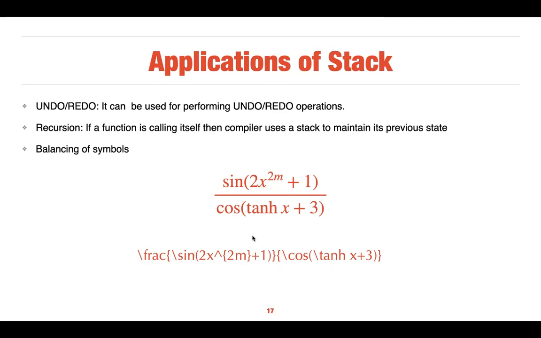So if there are 5 open brackets and then a closing bracket comes 5 times, there will not be any bracket remaining in the stack at the end. It means opening and closing brackets are the same. But if some opening brackets remain, or some extra closing brackets come, then there is a mismatch. So to balance the symbols, the compiler uses the stack data structure.